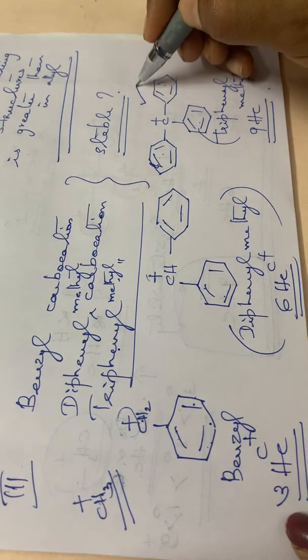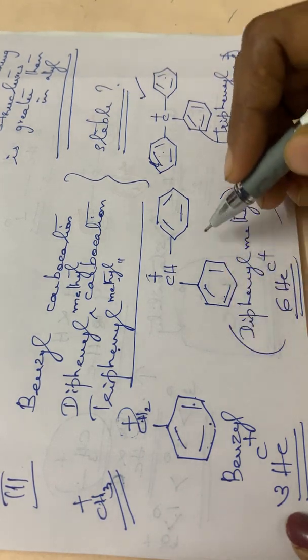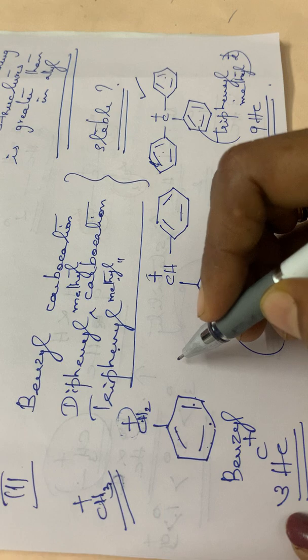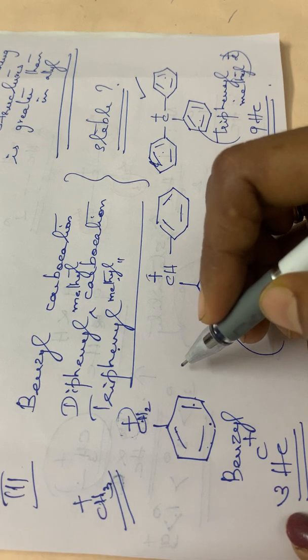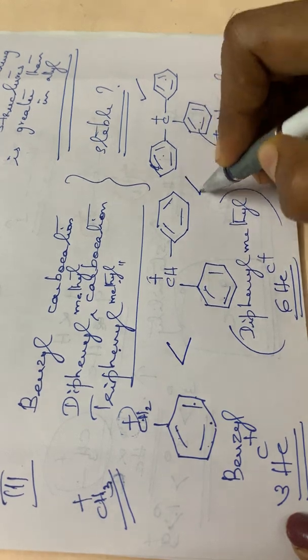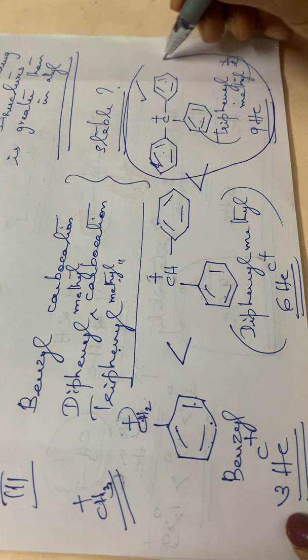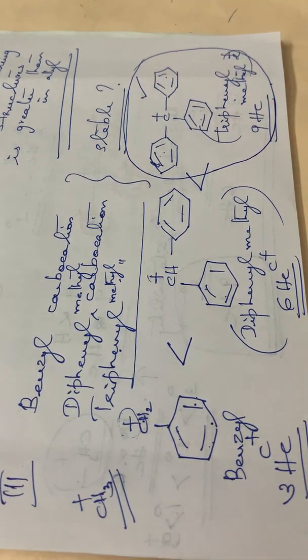So the most stable one will be triphenyl methyl compared with the other two. Benzyl carbocation is less stable than diphenyl methyl, which is less stable than triphenyl methyl. So the most stable one is the triphenyl methyl carbocation.